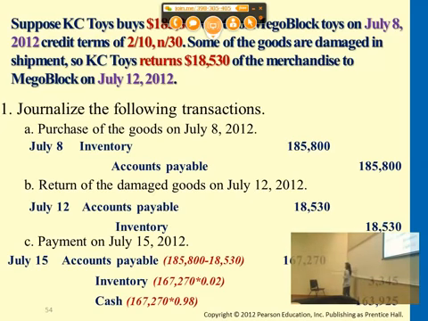All these four events here, purchases, freight charges, discounts, returns, we all use inventory to capture this. It's either debited or credited. If it's returns and allowances, any discounts that we get, we recognize that inventory's cost will be reduced. Because we're not really paying this $167,270, but we're paying 98% of that.